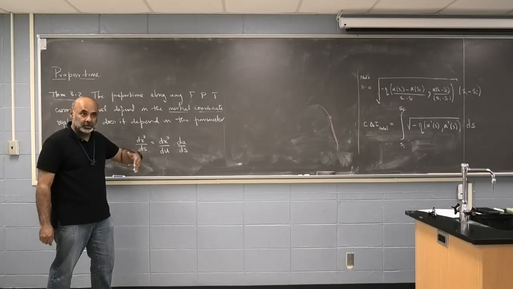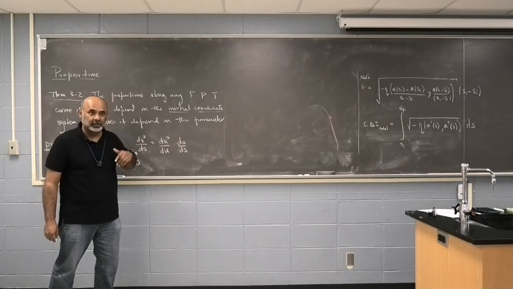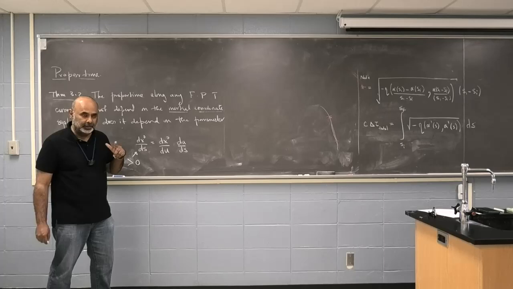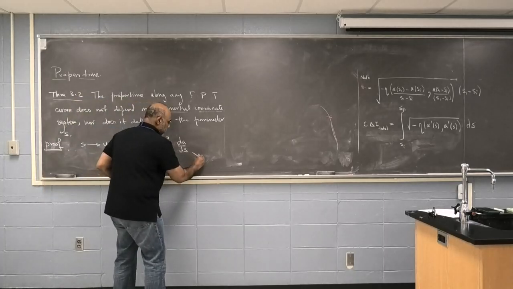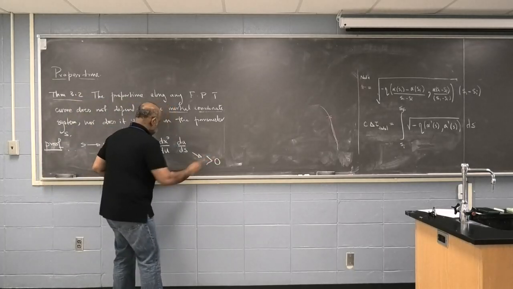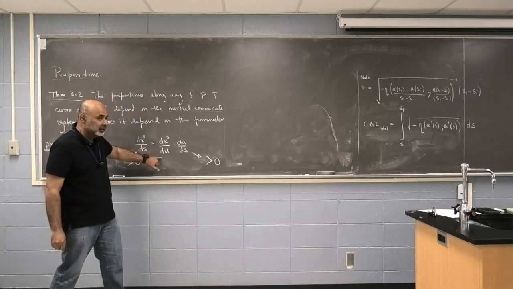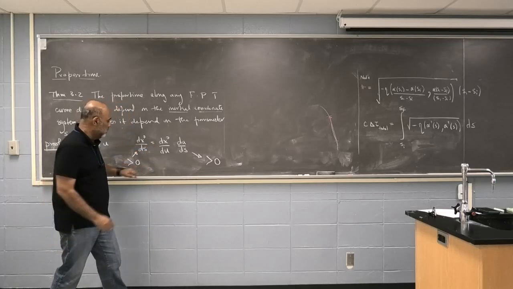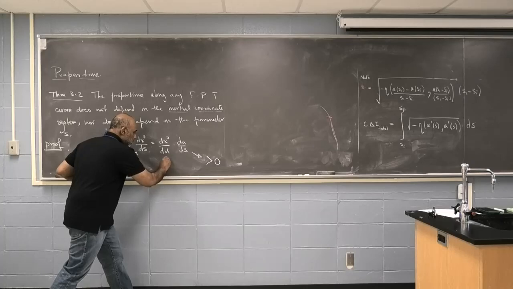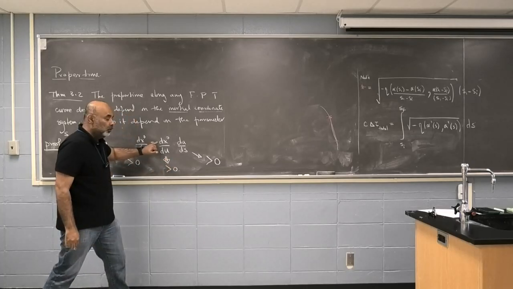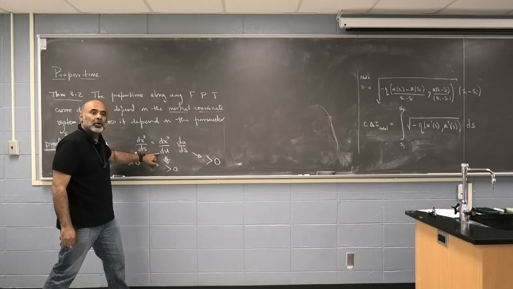So if s increases, u has to increase. Yeah? So this guy is greater than 0. What does that mean? It implies that this guy is greater than 0. So first of all, when you write alpha in terms of u, it is also future pointing.